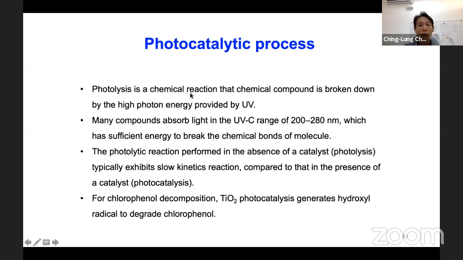Photolysis is the chemical reaction where a chemical compound is broken down by the high photon energy provided by the UV. There are different types of UV that we use with the TiO2.